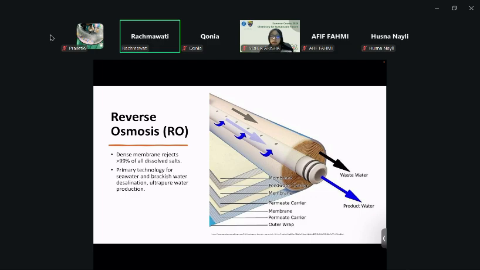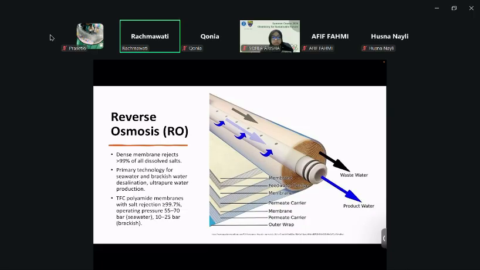Or for example, you want to have ultra pure water production. And then it is using, for example, a TFC polyamide membrane. It's a thin film composite polyamide membrane with salt rejection more than 99.7%, which is very nice. And then the operating pressure is quite high.